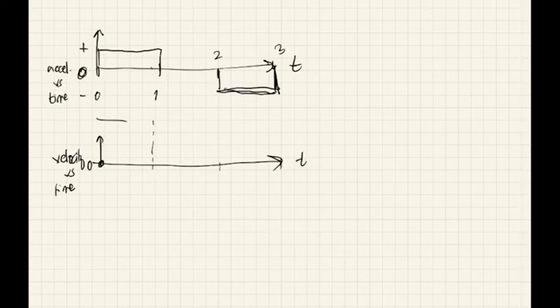Okay? 1 hour, 2 hours, 3 hours, and so on. Okay? When you are accelerating at a constant rate, your acceleration is flat. It means you are accelerating uniformly, so your speed is changing uniformly. That's why your velocity will look like this, linear.